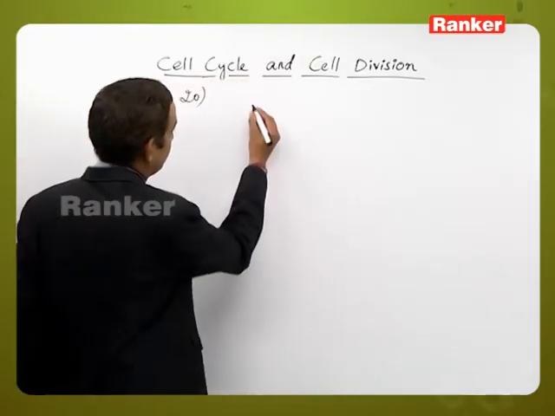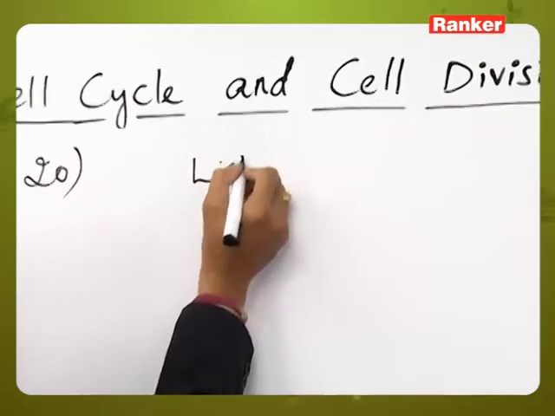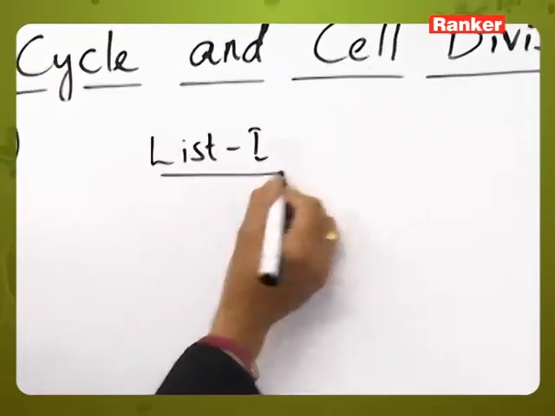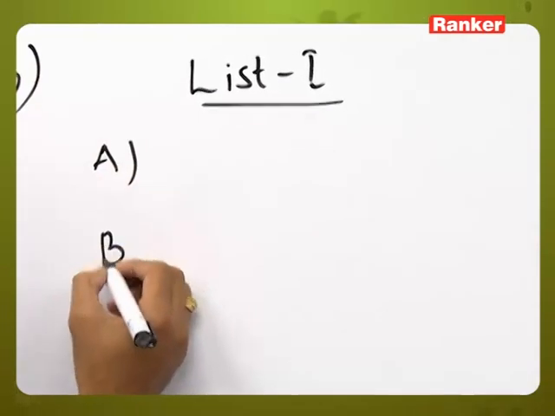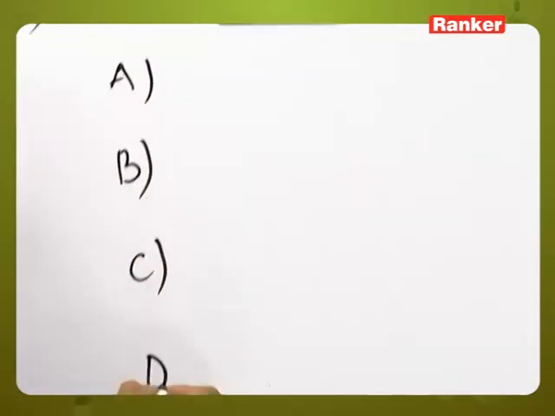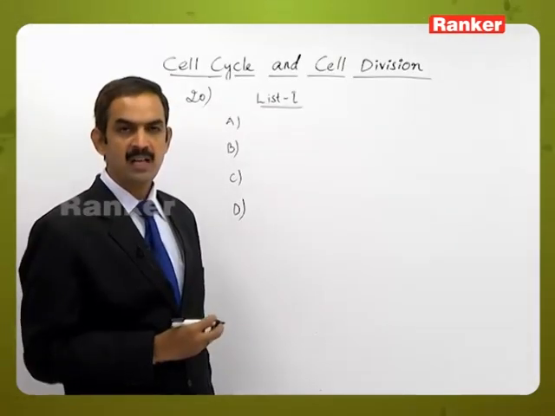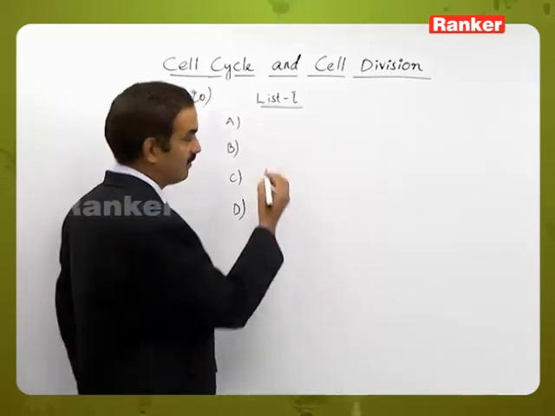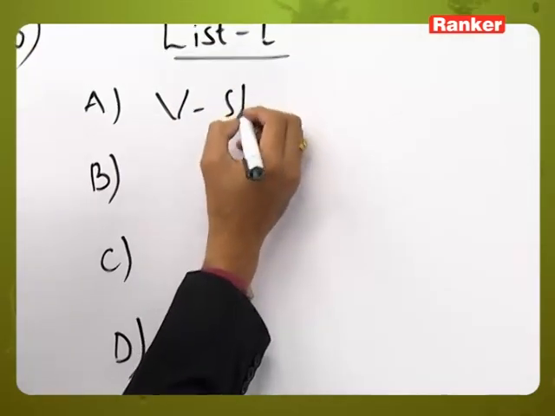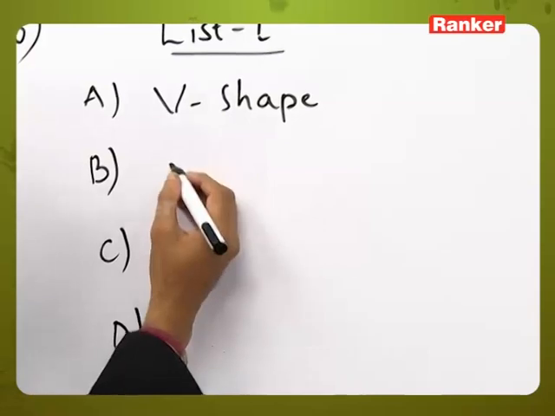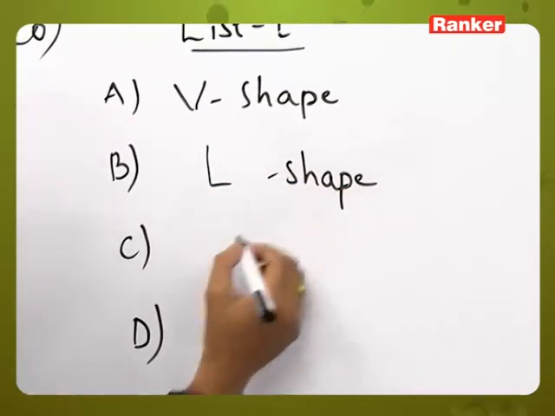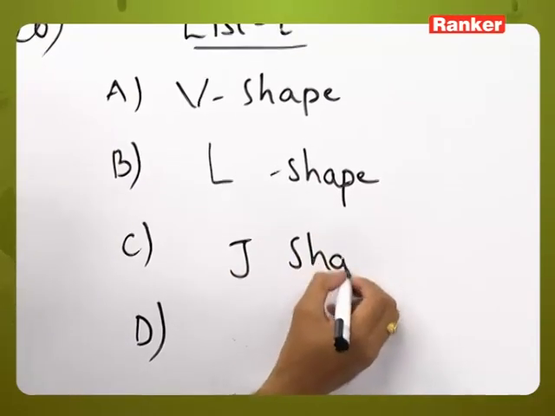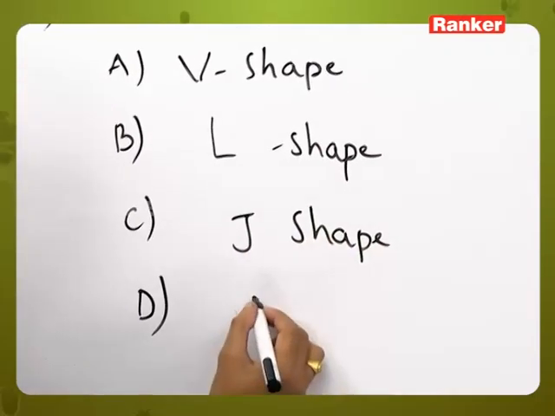So let us take the list on one side, list 1. Here the shapes of the chromosomes have been given. Generally the chromosomes will acquire different shapes during anaphase, where V shape, L shape, J shape and I shape.